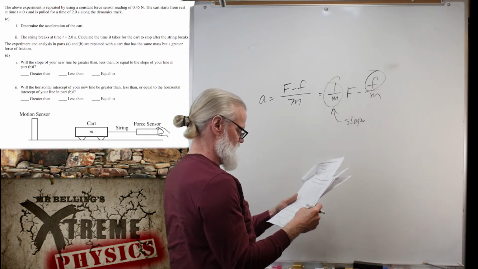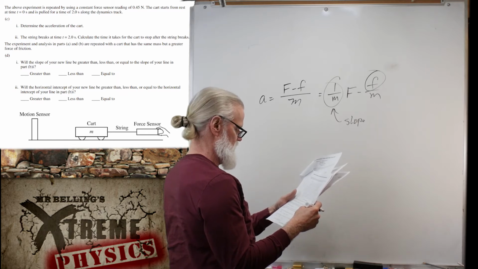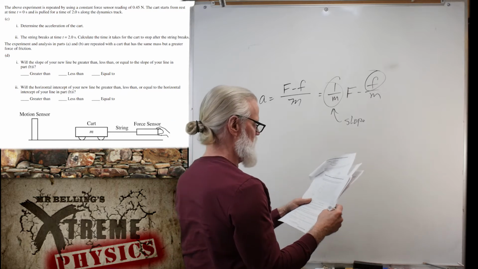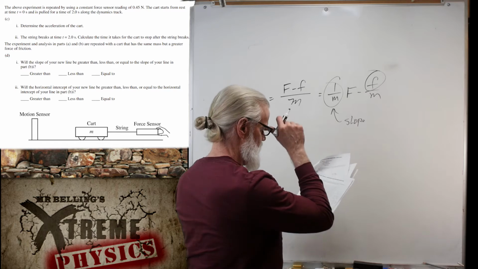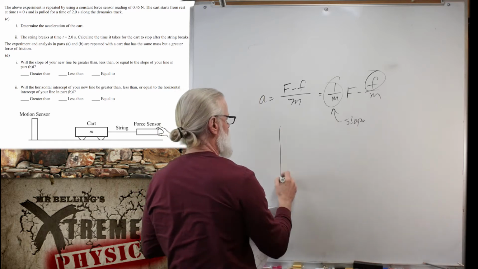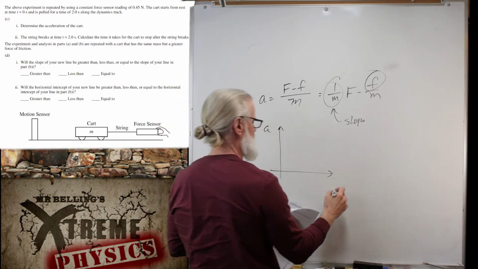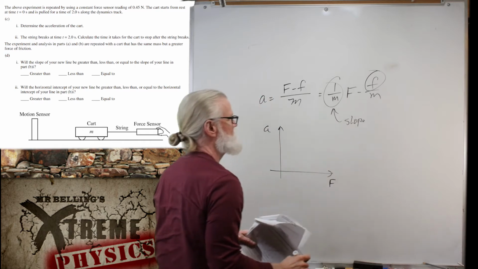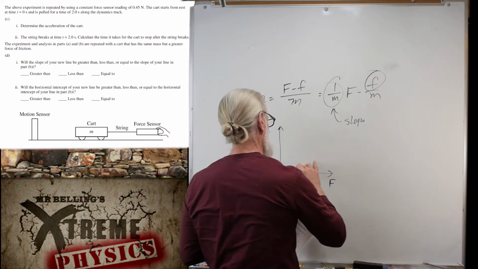Will the horizontal intercept for your new line be less than or equal to the intercept b? Since friction is greater, the intercept would be greater, right? Because we just have this graph here, and we have acceleration, and we have force, and we have a line like that.